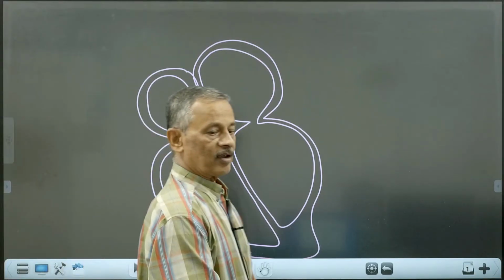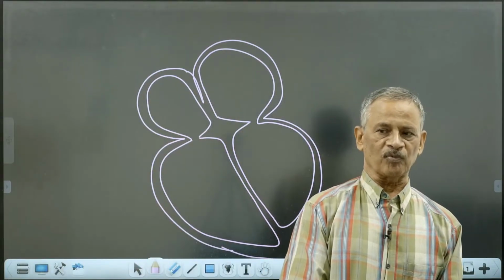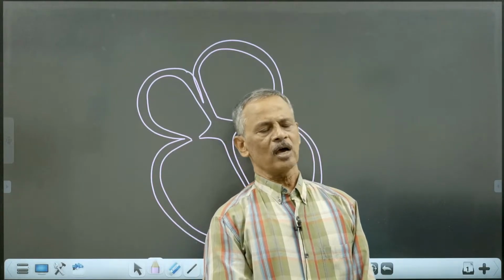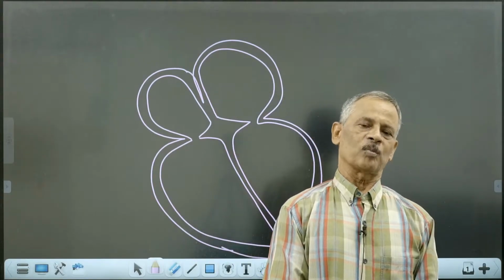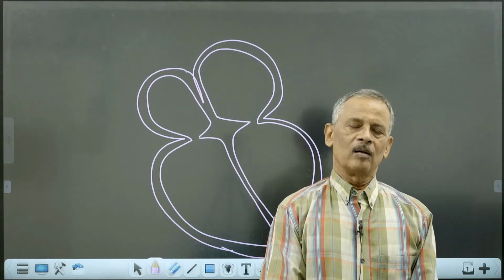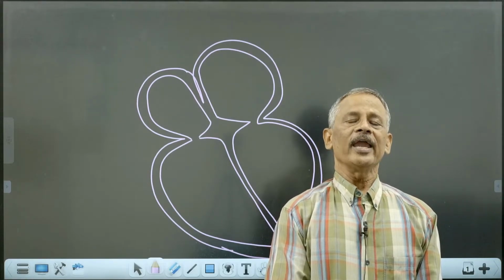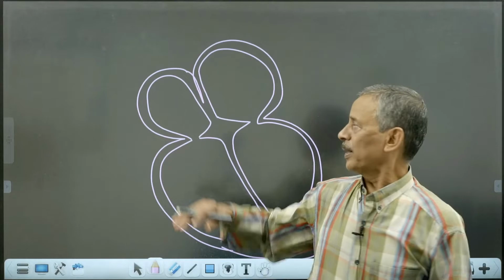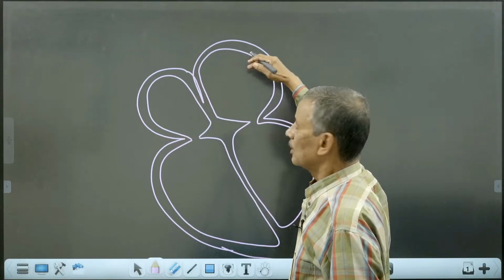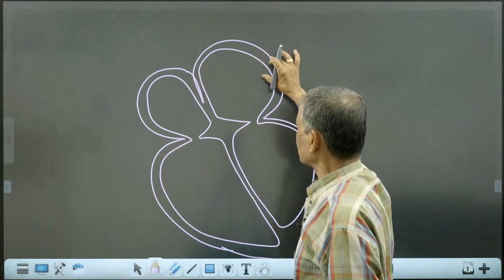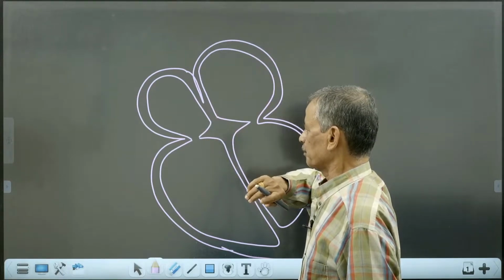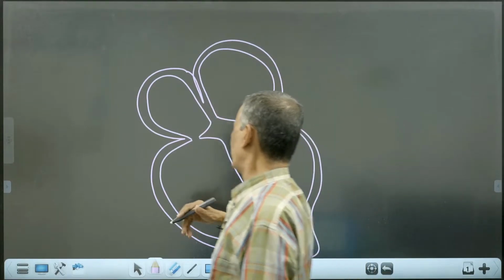It is developing from mesoderm, and its walls are made up of cardiac muscles. Heart has an upper part called atria, whose walls are thin, and the chambers are also smaller. And the lower part is called ventricle.